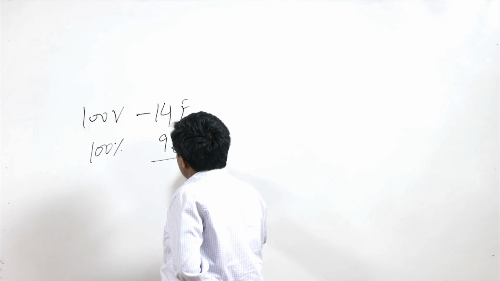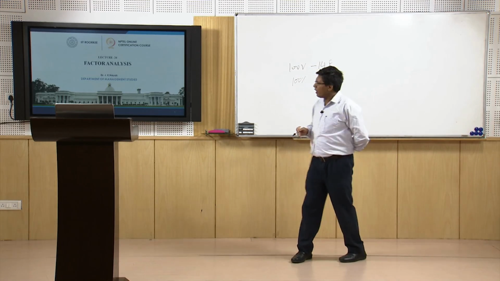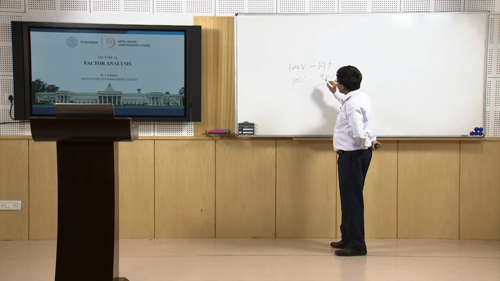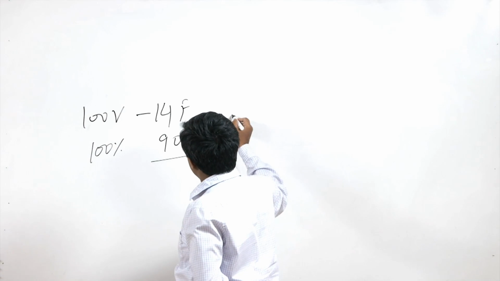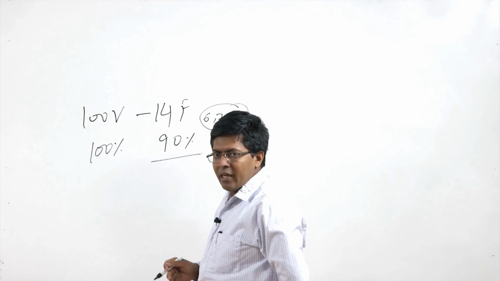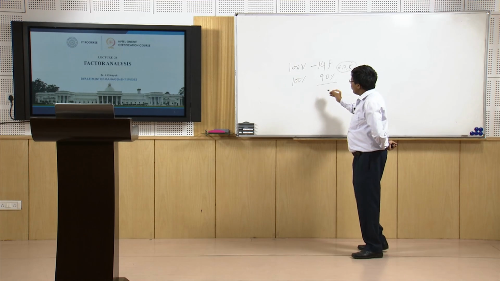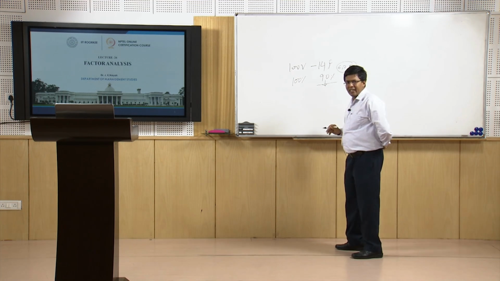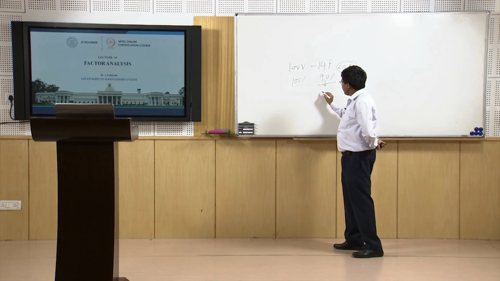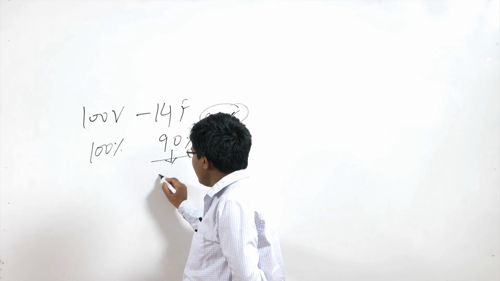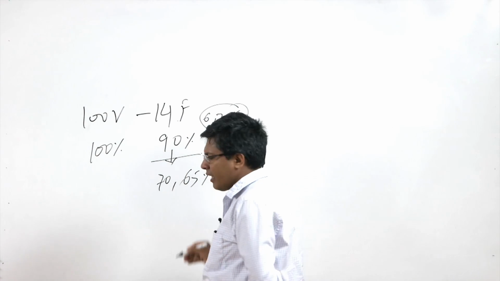Now, suppose the researcher feels that 14 is also too large a number. What you can do is fix the number of factors to 6 or 7 or 8, or whatever number you decide. But when you reduce from 14 to 6, 7 or 8, the amount of variance explained by the factors will also reduce, right. Maybe 6 factors will explain only 70% or 65%, right.